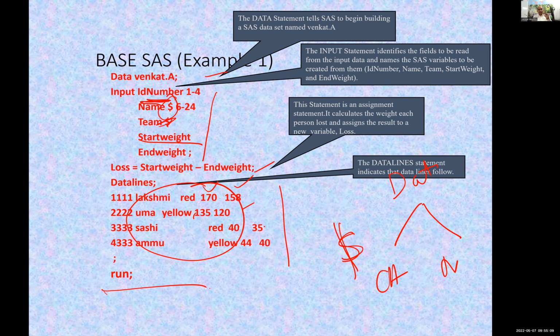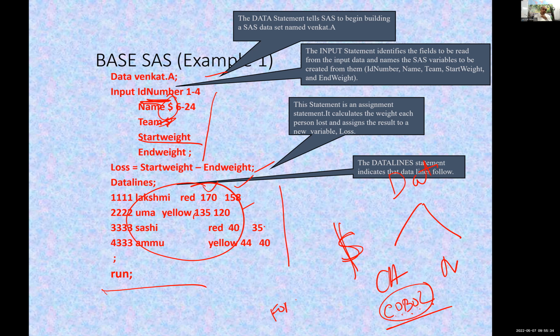You can write your SAS programs in either uppercase or lowercase or a mixture of the two. Certain programming languages have strict rules. You need to write everything in capital letters. For example, COBOL means Common Business Oriented Language, and it takes only capital letters.